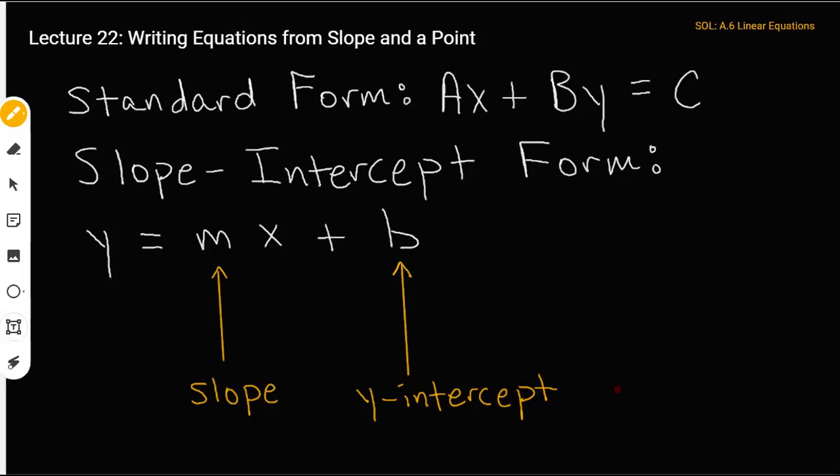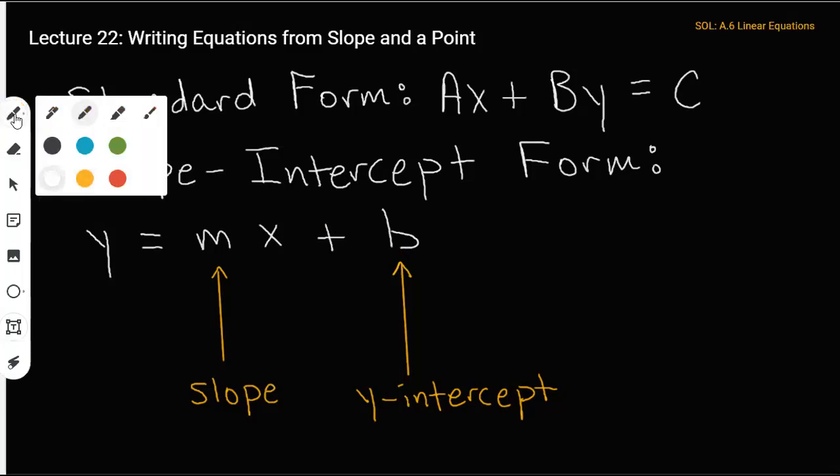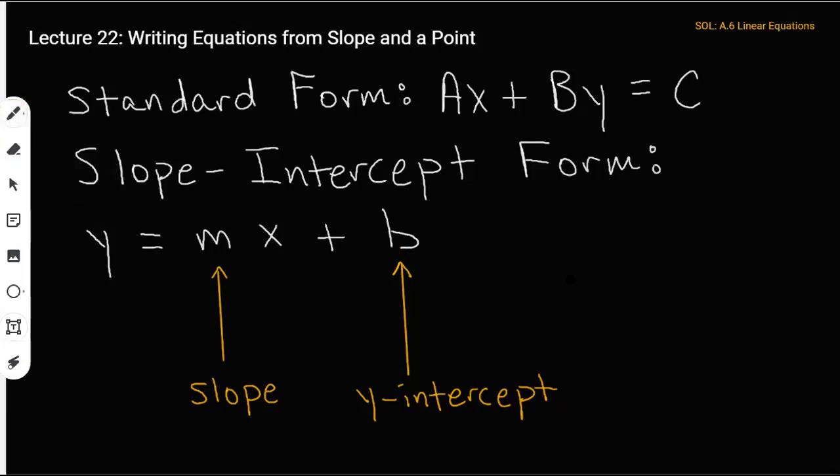So let's draw a picture of what this looks like. So what I'm going to do is I'm going to draw an x-axis, which is just a horizontal line. And I'm going to put arrows at both ends. And I'm going to put an x below the right arrow. The x-axis is always going to be a horizontal line. The y-axis is always going to be a vertical line. It's going to look like this.